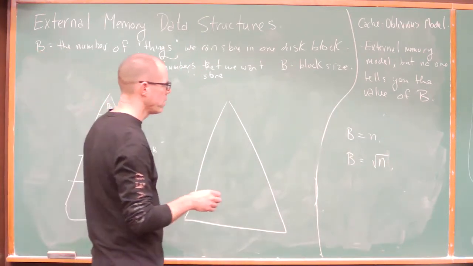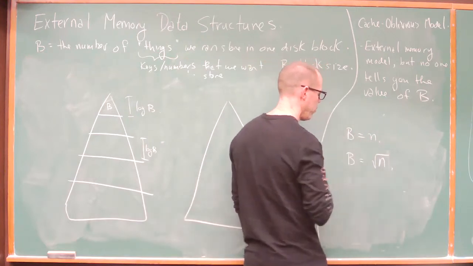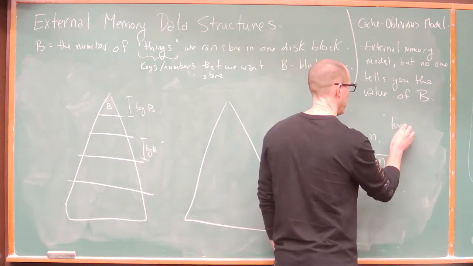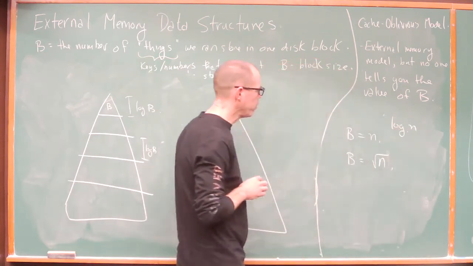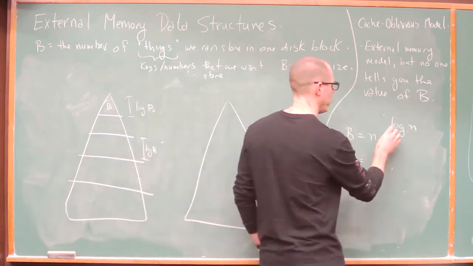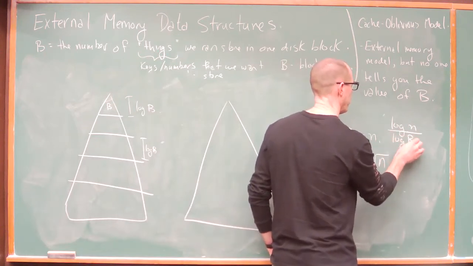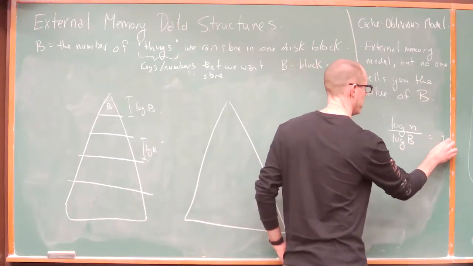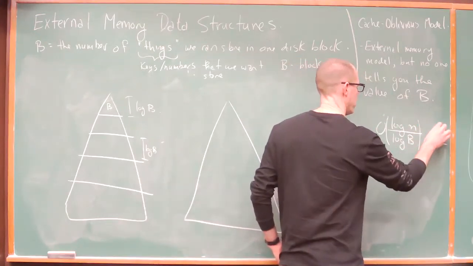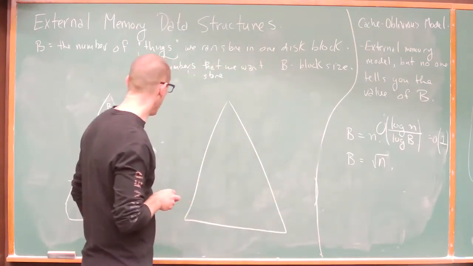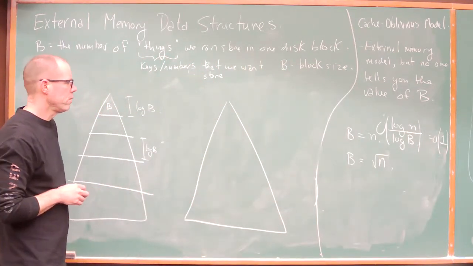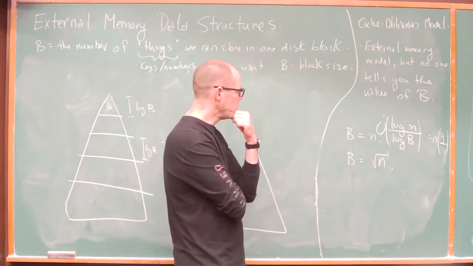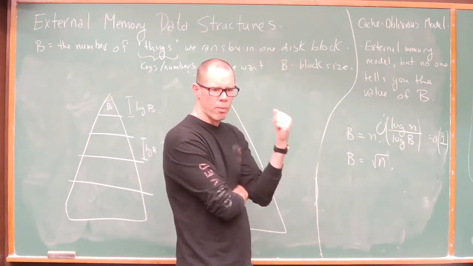If we want to be optimal in this case, then we should be able to answer our questions in log n divided by log B. But if B equals n, this is just 1. So if all of our data fits into one block, then indeed we should be able to answer any query we want just by reading one block.